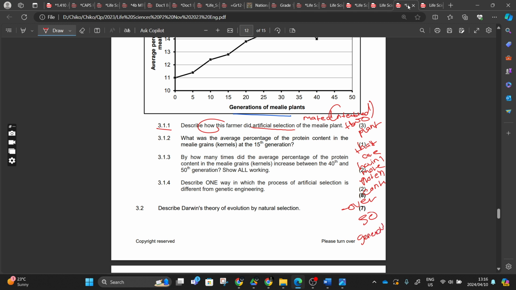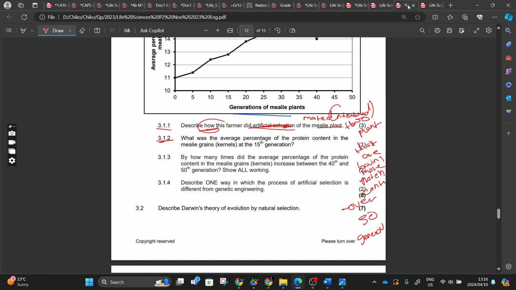So I'm trying to include all the information that we can put in this answer. Describe how this farmer did artificial selection of the mealy plant. He mated or interbred two plants that have more protein content over 50 generations, or over many generations.